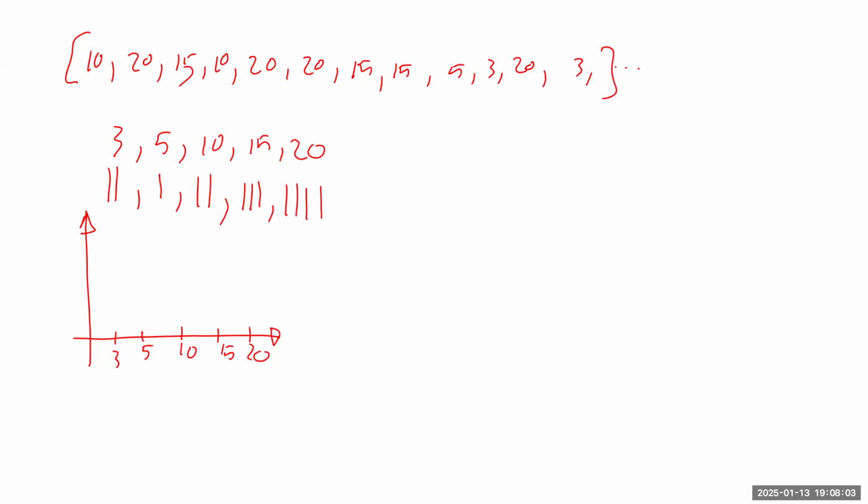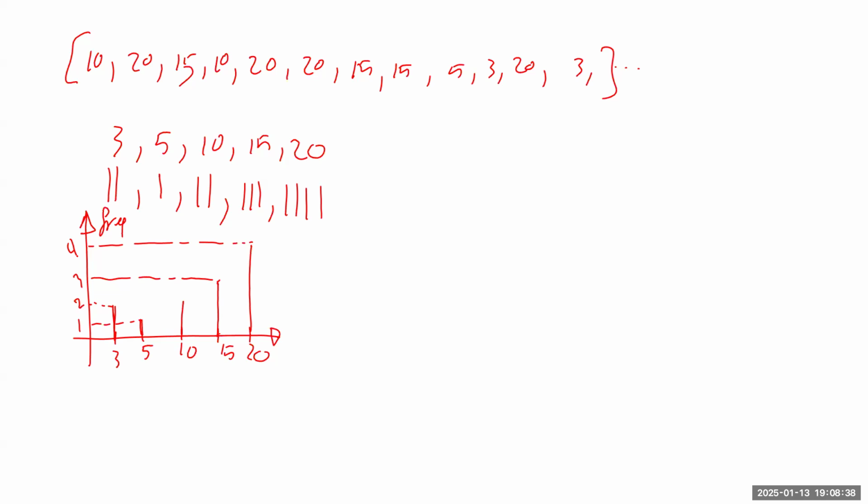So the 3 occurs 2 times, here at 2. The 5 occurs 1 time. The 10 occurs 2 times. The 15, 3 times. The 20, 4 times. And this graph will be called a histogram.